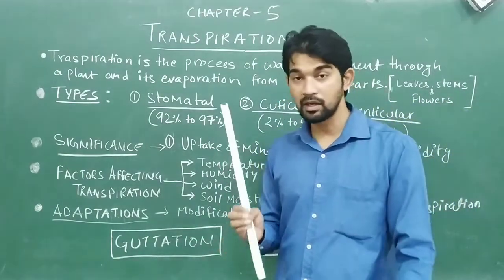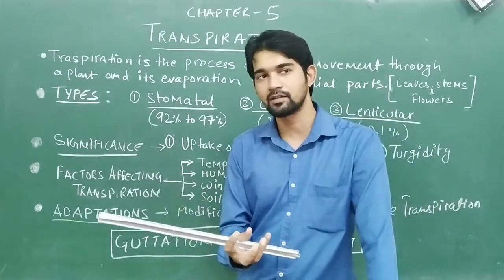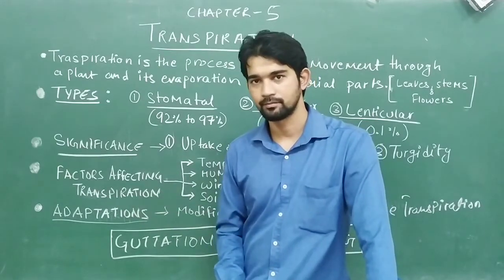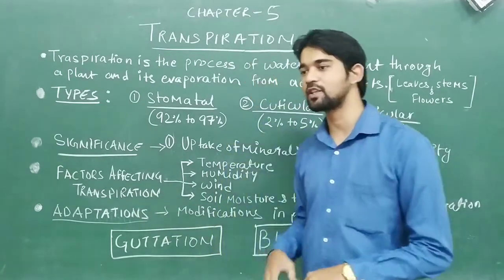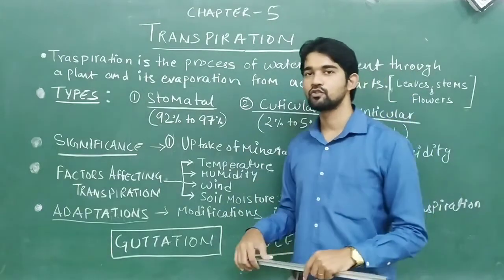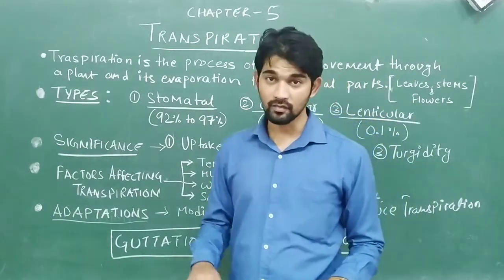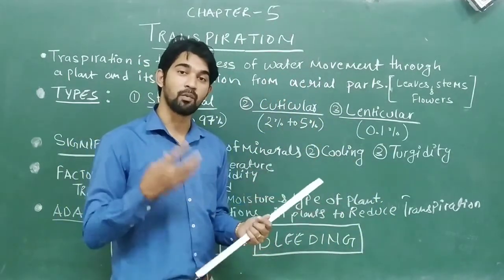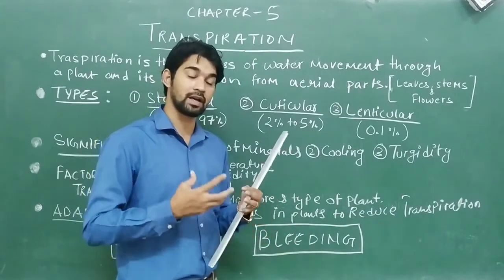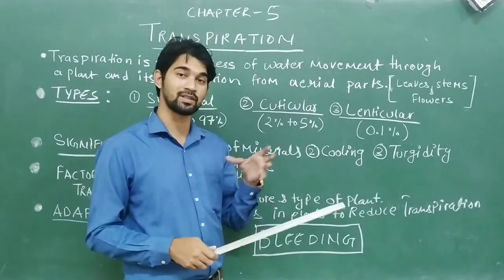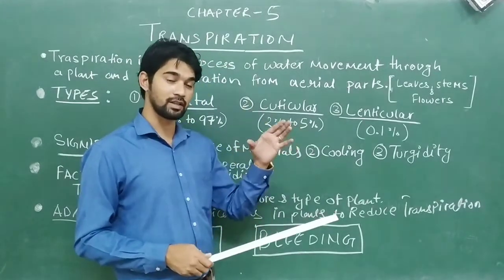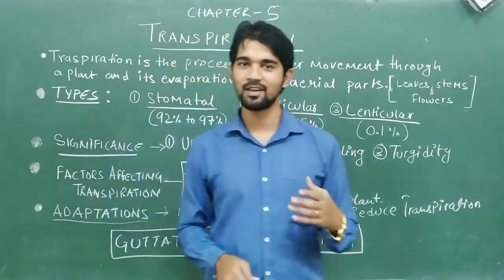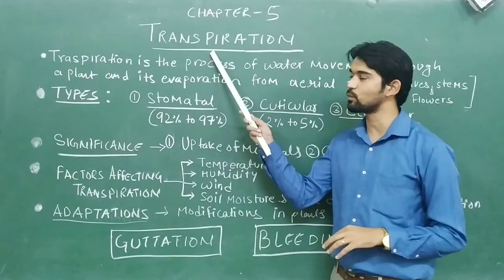When you increase the temperature of a glass or something with water in it, what will happen? The first thing that happens is that it will absorb heat, and there will be so much heat inside the water that, because the kinetic energy of the molecules will increase, they will start to vibrate and move to a different state that is known as the gaseous state, and hence the transpiration will increase.